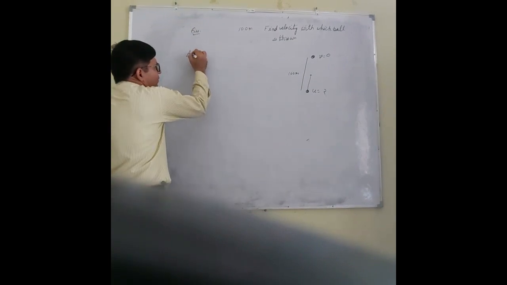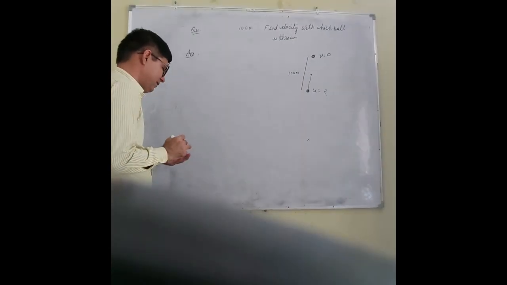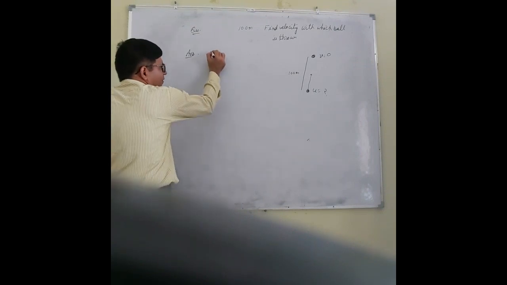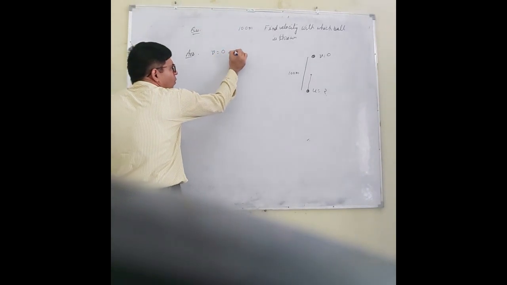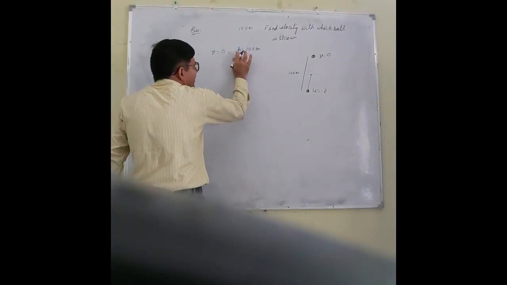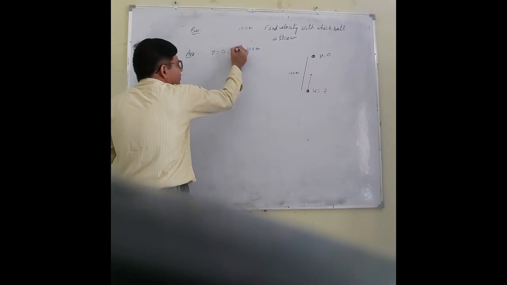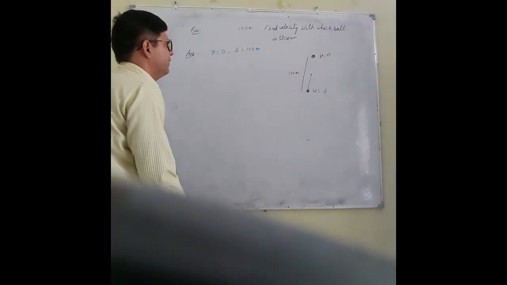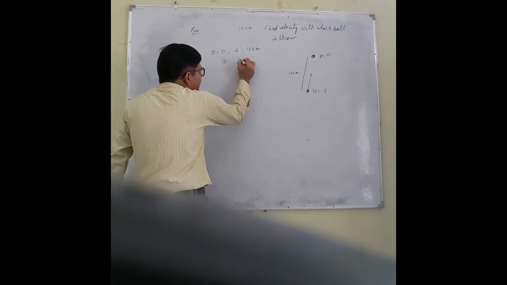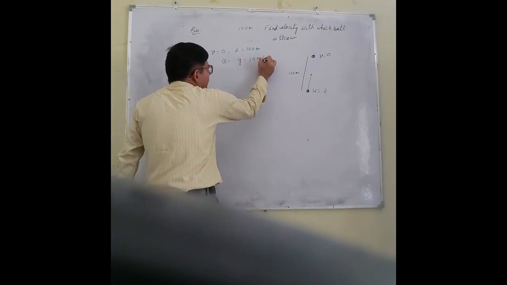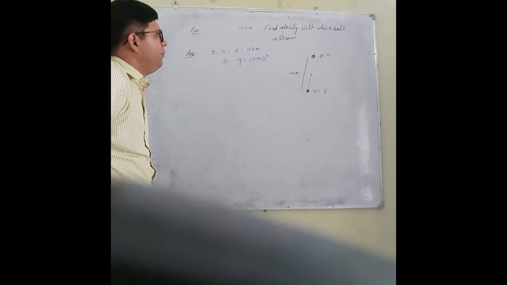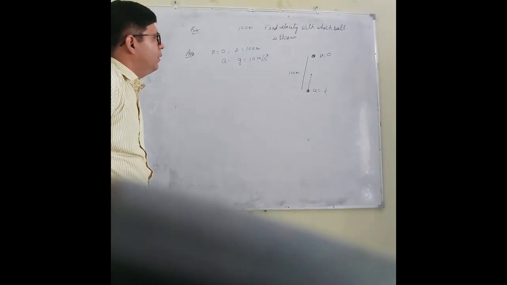So what will this be? On similar lines, now here V is 0, H is 100 meter, and this H is the distance covered, so I will write it directly as S. Now what is A? G equals 10 meter per second square.